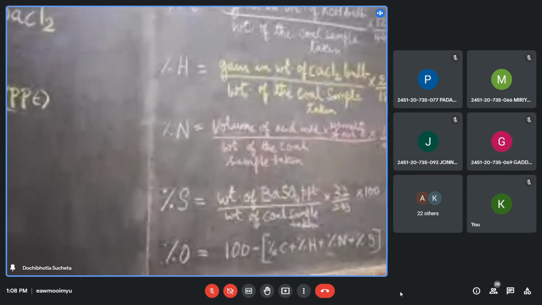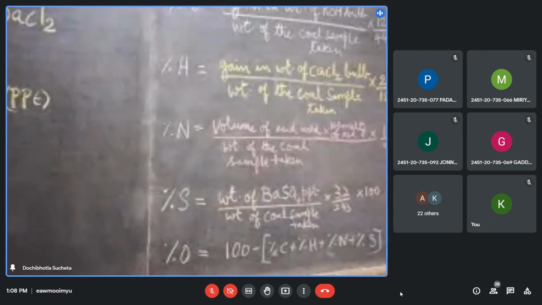Hence, though sulfur supports combustion and increases the calorific value, it is not a benign element to be present in a coal sample or any fuel.